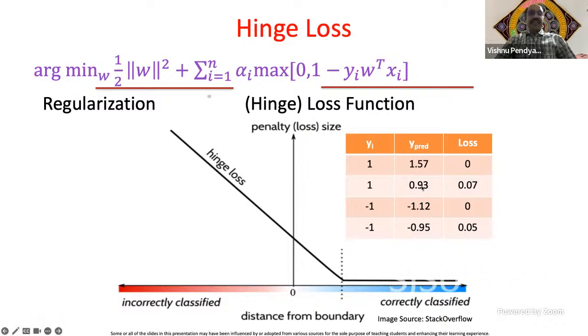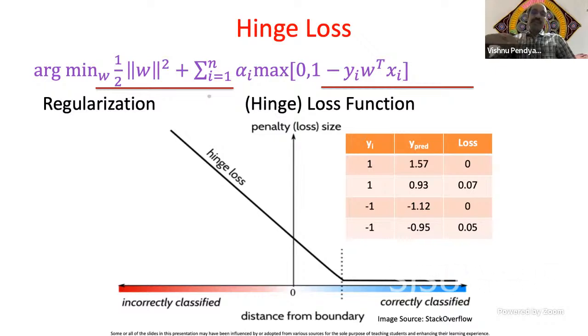Now, interestingly, although the point is within the margin and properly classified by the decision boundary as 1, there is a loss, right? There's a loss of 0.07. So what does it mean? For all the test data points within the margin, there is a loss.